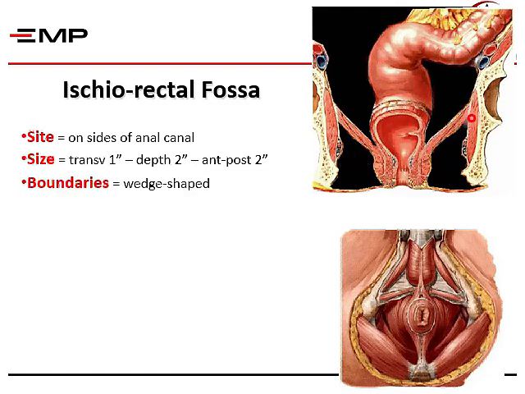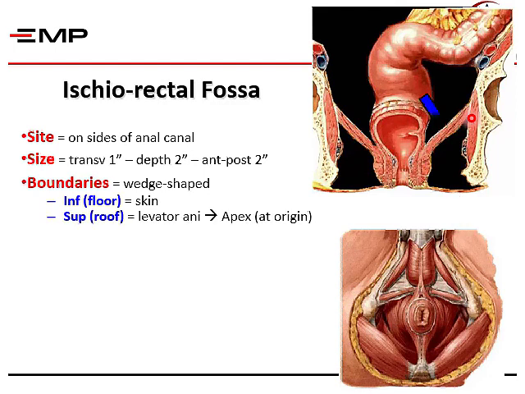Its boundaries are: the floor is made by the skin, the roof is made by the levator ani muscle, the meeting of the roof with the lateral boundary is the apex of the ischiorectal fossa. Laterally, it is bounded by the obturator internus and its fascia. This fascia splits to make the Pudendal Canal.